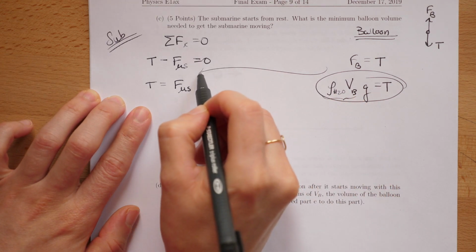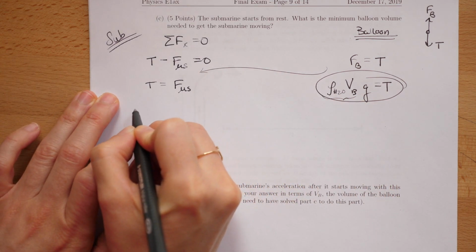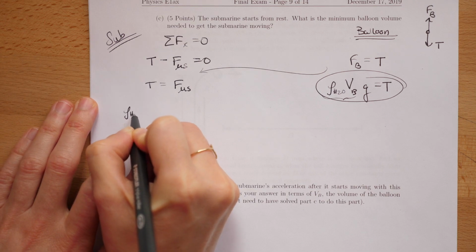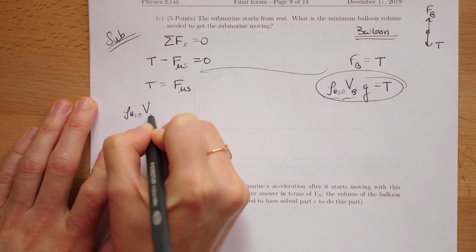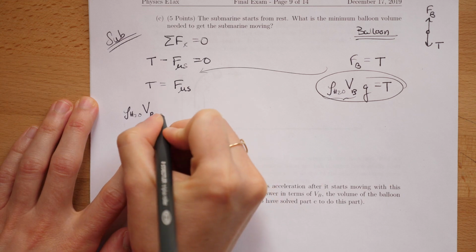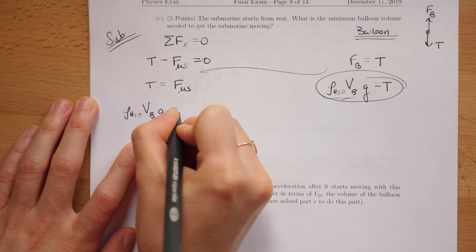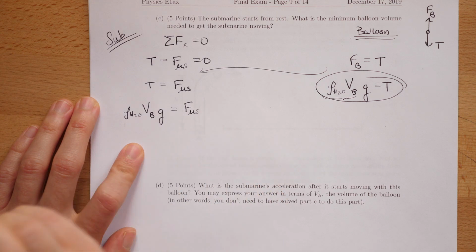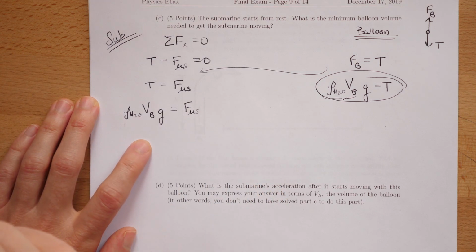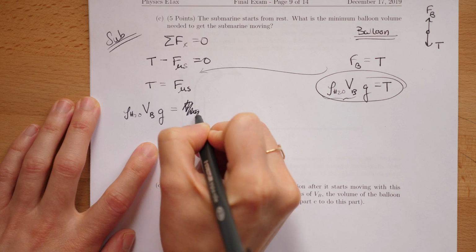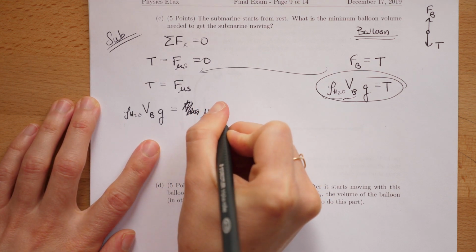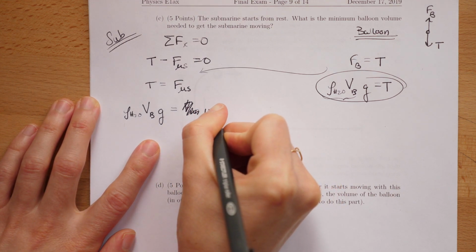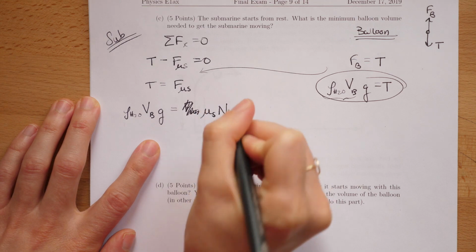So we'll substitute it in here: rho H2O V balloon times G equals F mu S. And F mu S, we know that's going to be mu static times the normal force.